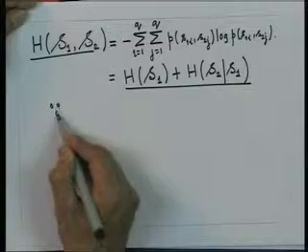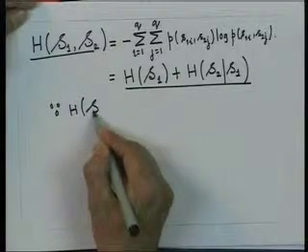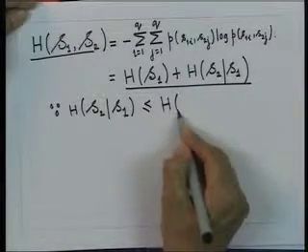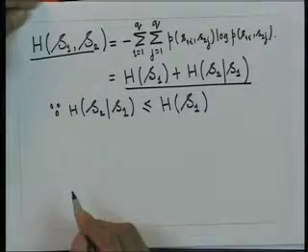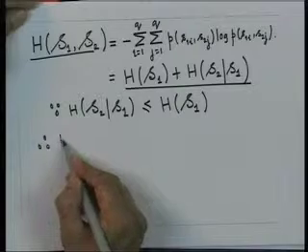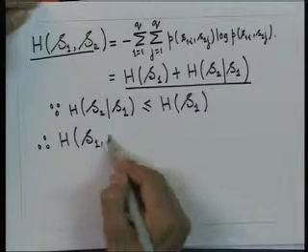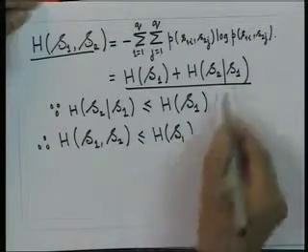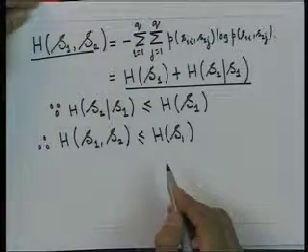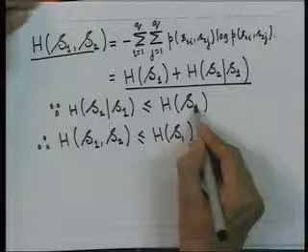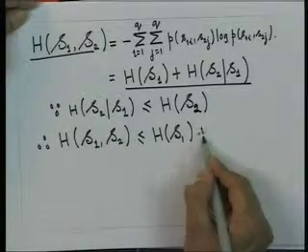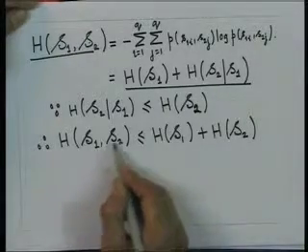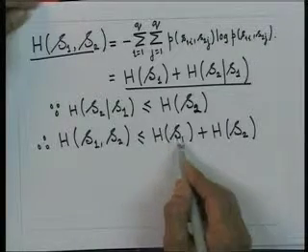Now, we have also seen that because H of S2 given S1 is always less than equal to H of S1, therefore, H of S1 S2 is always less than equal to H of S1 plus H of S2.